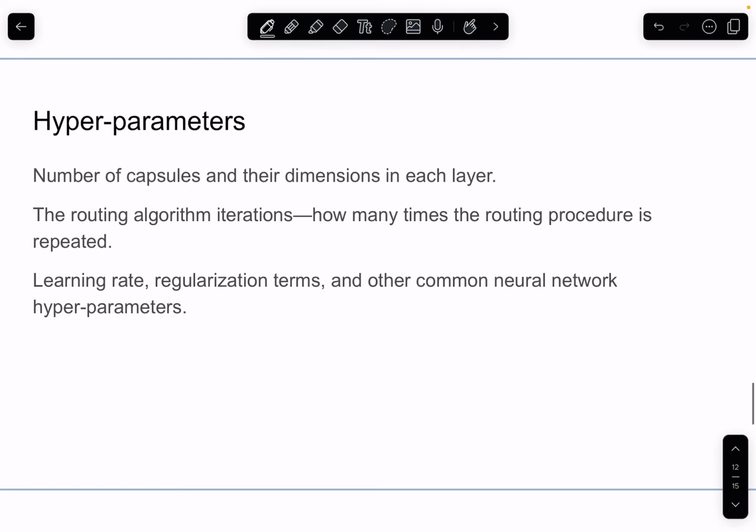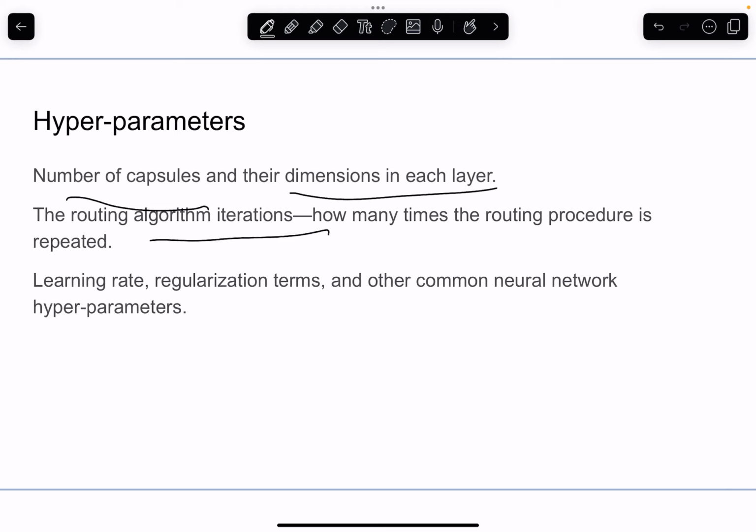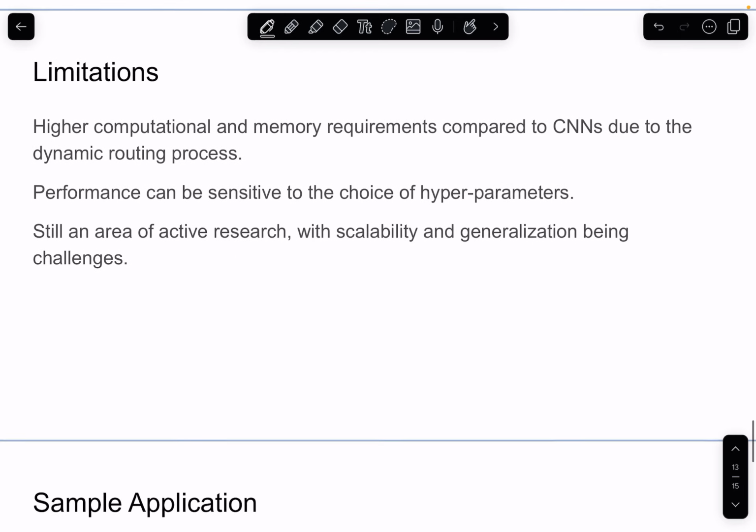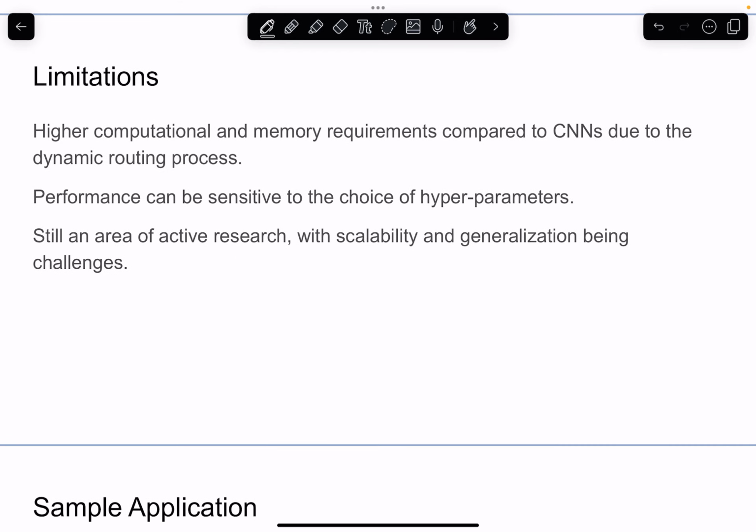The hyperparameters are the number of capsules and their dimension, the routing algorithm, how many times we have to iterate, learning rate, regularization, and neural network hyperparameters. The limitation is that performance can be highly dependent on the number of iterations, and there are higher computational and memory requirements. It's also active research.